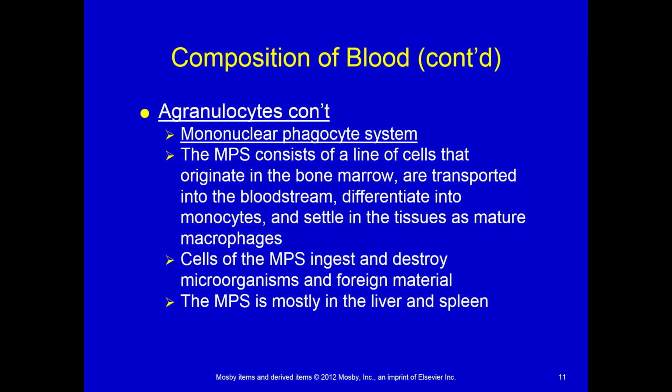So those broken down red blood cells that I just said have a short lifespan, they take out those old, broken down, not functioning red blood cells. Same thing with broken down, non-functioning platelets. Especially in the spleen, this system will filter out some of our own debris, our own cells that are broken down and not functional anymore. So that is what I want you to understand about the mononuclear phagocyte system. It certainly does fall under the umbrella and the function of some of these agranulocyte cells.